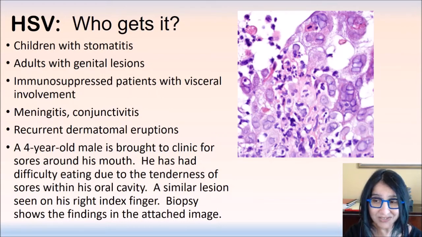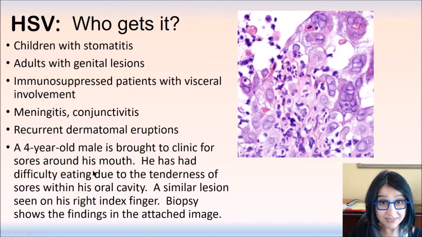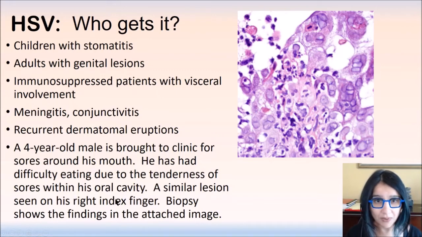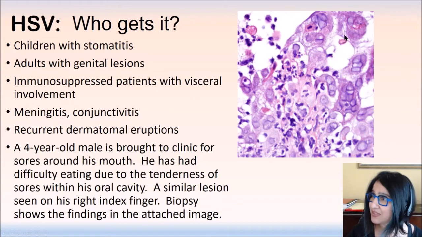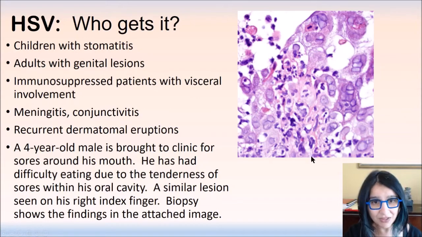So if you hear that term, that is what I'm referring to here in this sort of pseudo question. And then biopsy shows the findings in the attached image. So again, this is a gingivostomatitis in a pediatric patient. He's got a herpetic whitlow on his finger, and this is the pathology, herpes simplex virus.